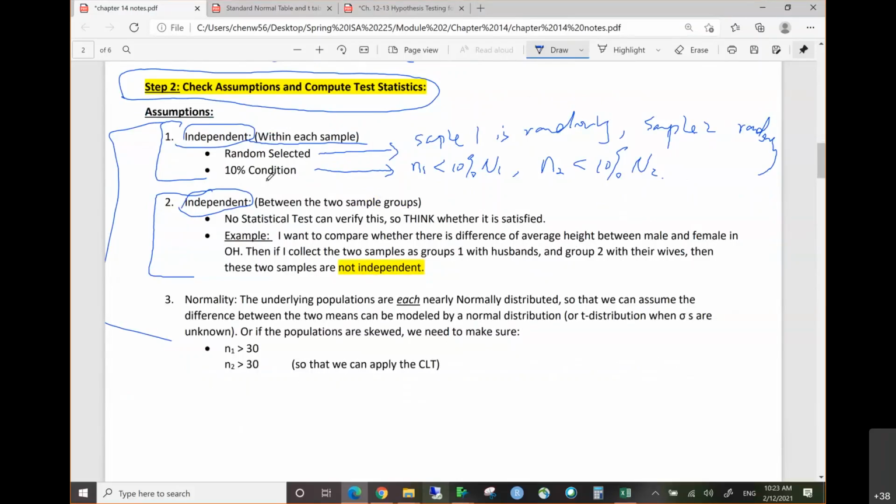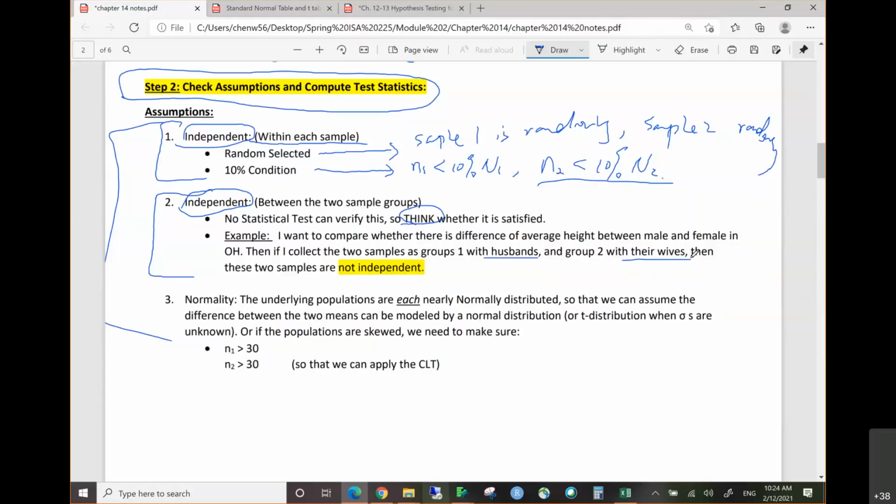Right, so for the second assumption, you don't have any specific formula to check, right? What you need to do is just think. For example, if I want to compare whether there is a difference in average height between males and females in Ohio, and I select two samples as group 1 with husbands and group 2 with their wives, are these two samples independent of each other?